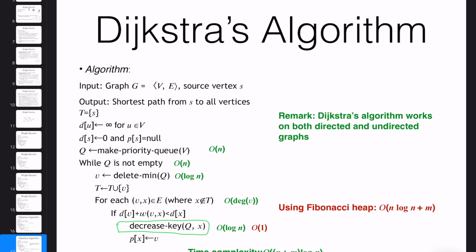But there is another form of a priority queue. If you implement it using the Fibonacci heap, instead of binary heap, the cost of updating one node is going to be constant.